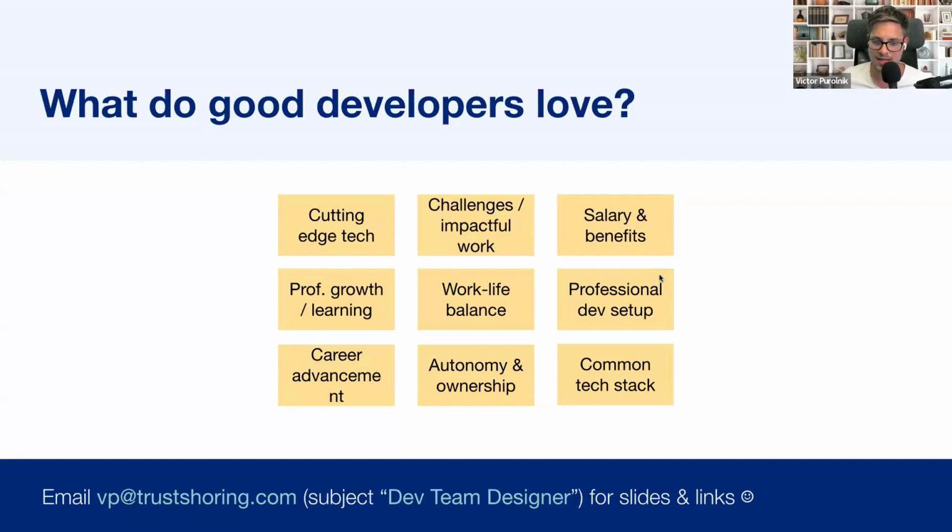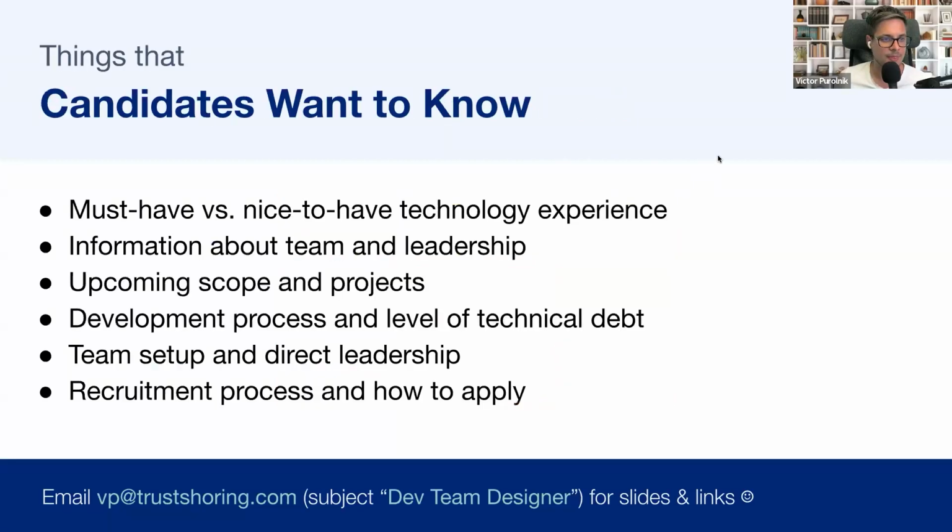Obviously, what helps is having a common tech stack, meaning not the cutting-edge tech, but just a common stack that people like, that people are not running away from, that is modern, that people like to work on. So all of that increases your chances of finding a really good person and attracting them.